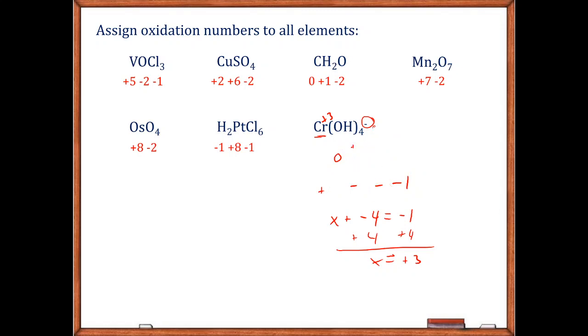And let's see if we're right. Okay, there we go. We have a +3, -2 and a +1. So again, remember, if I'm asking you specifically what is oxygen, what is hydrogen, and what is chromium, you're not going to account for the multiplier there. You're just going to tell me for one individual molecule.